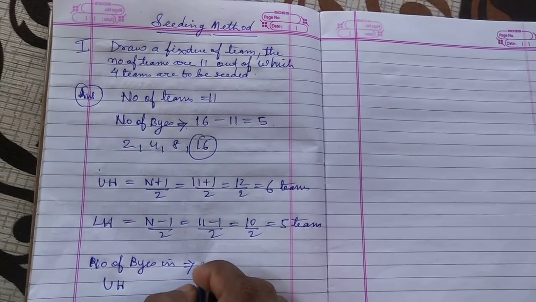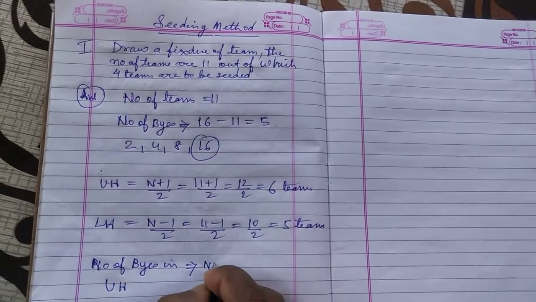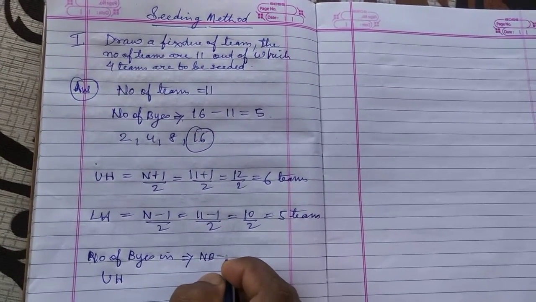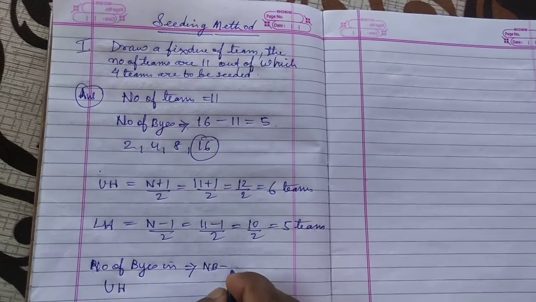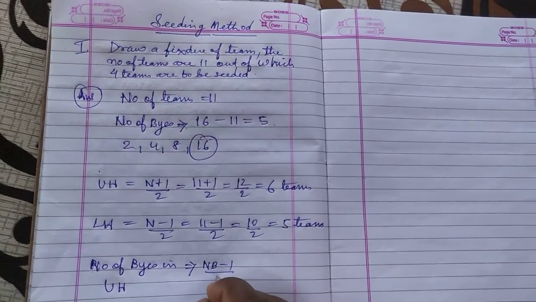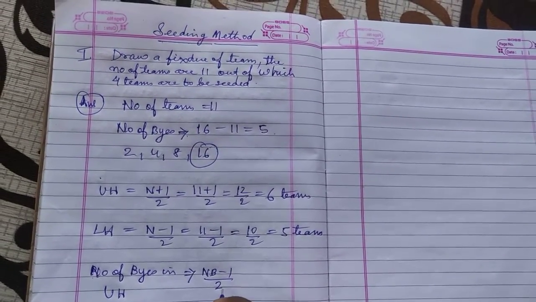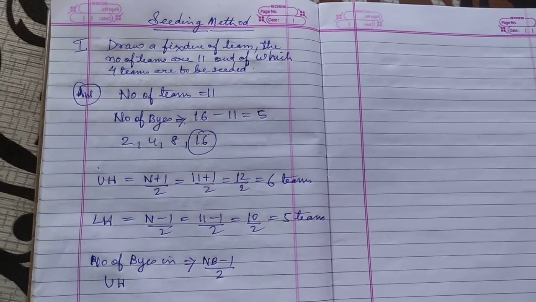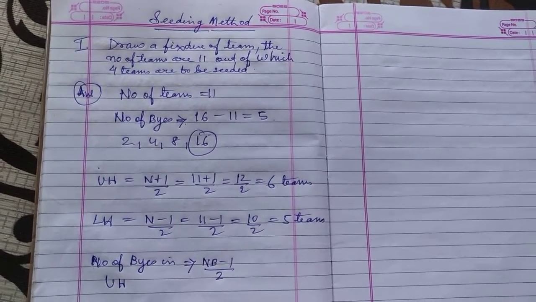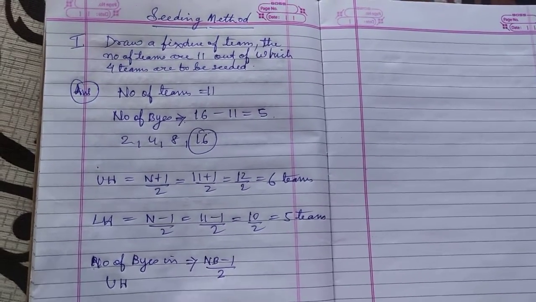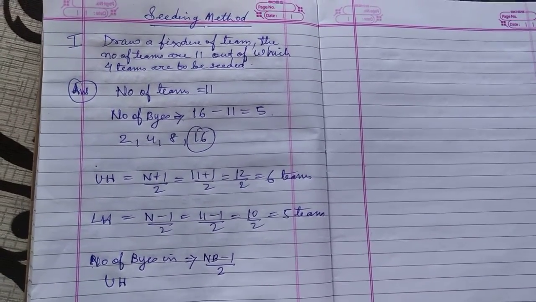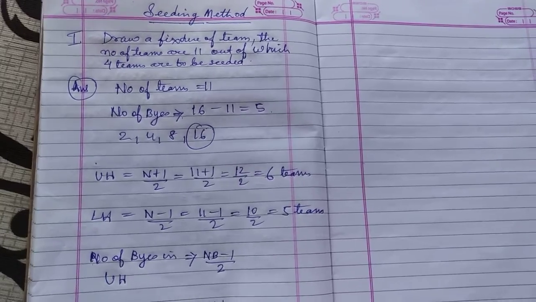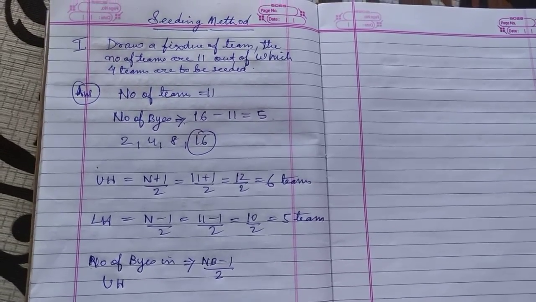As I earlier told, NB is equal to number of byes. So in the upper half it is NB minus 1 by 2, whereas the number of byes in the lower half is NB plus 1 by 2.